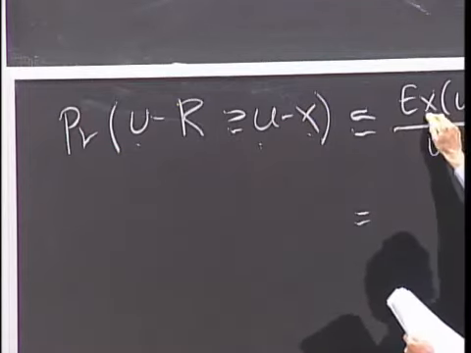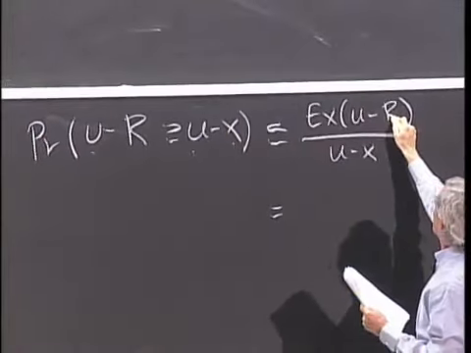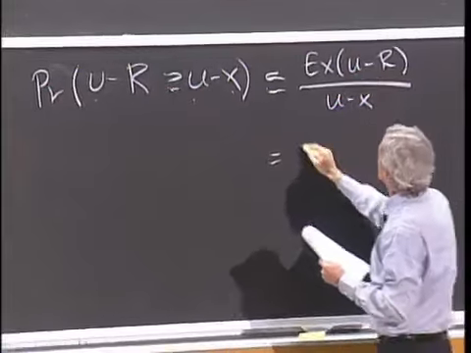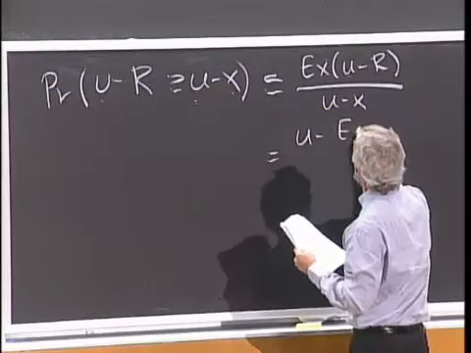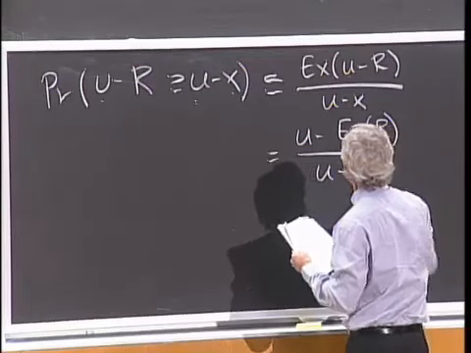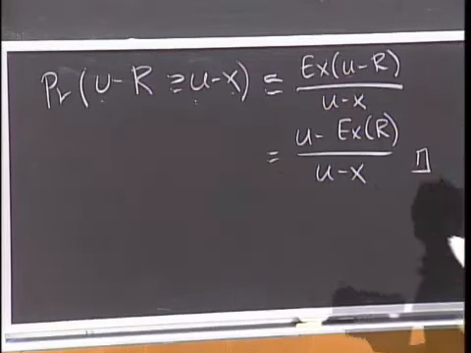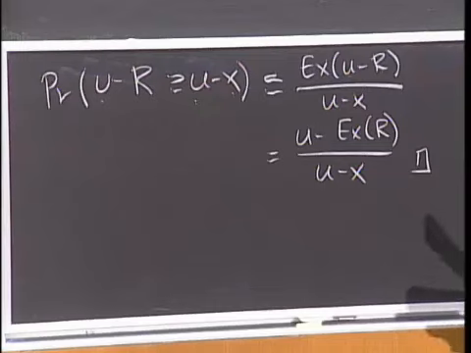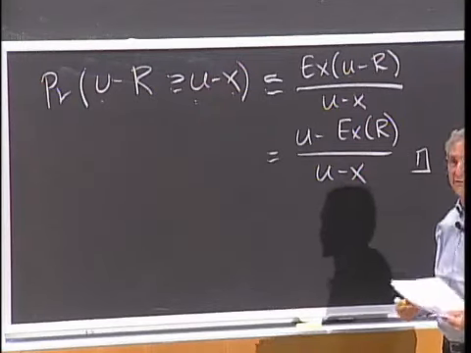And well, now I just use the linearity of expectation. I got a scalar here, so this is u minus expected value of r over u minus x. So I'd use Markov's theorem to get a different version of it.